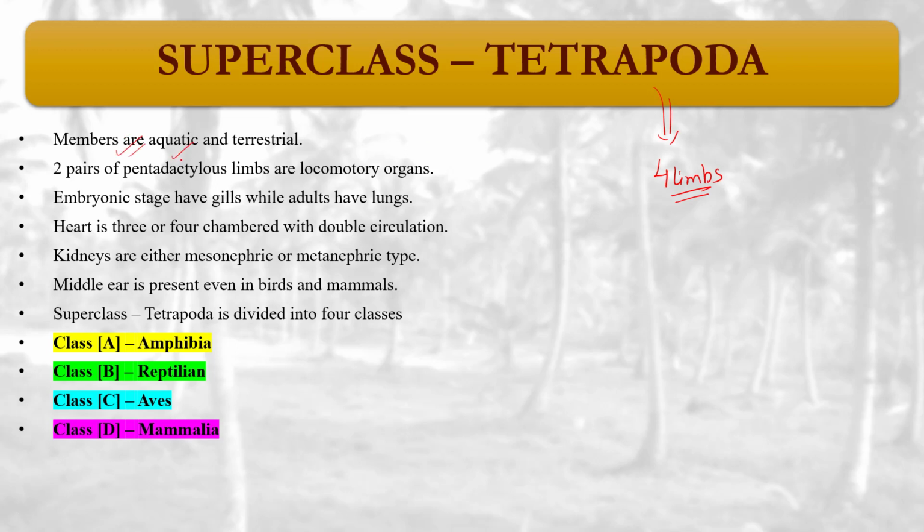Members are aquatic and terrestrial. So tetrapods include amphibians, reptiles, mammals. Especially they have two pairs of pentadactyl limbs. Pentadactyl means five digits.